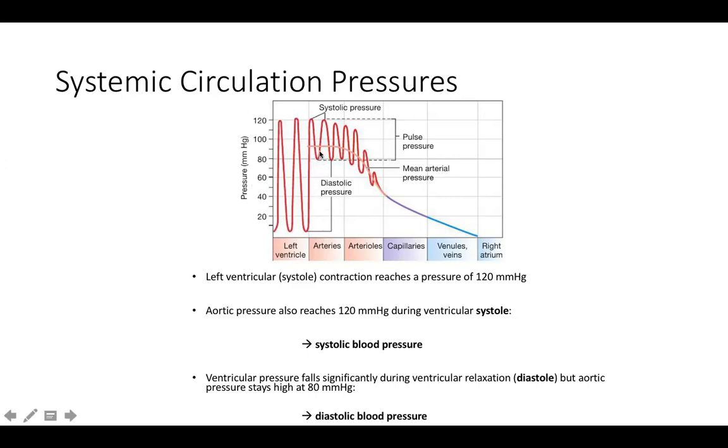If you need a refresher on looking at the pressure in an artery, you can look at that diagram from the previous lecture where we looked at aortic pressure, and you'll see that it doesn't go much below 85 or 90 in that diagram. And so because this pressure is during the diastolic phase, that lower pressure is referred to as the diastolic pressure. And so pressure stays fairly high within the arterial circuit. So you have a systolic blood pressure and you have a diastolic blood pressure, and they're different values. So 120 versus 80.